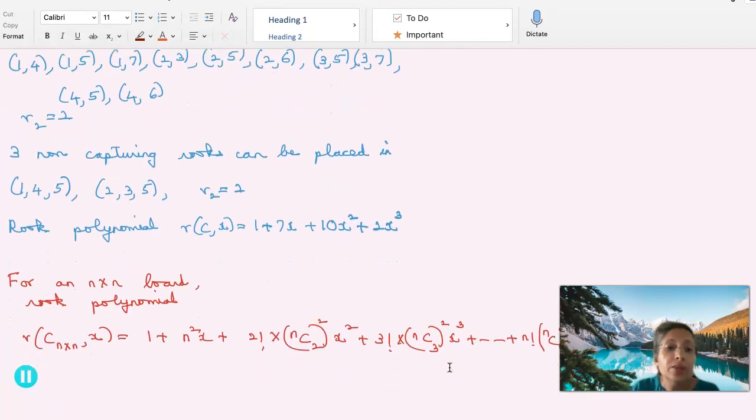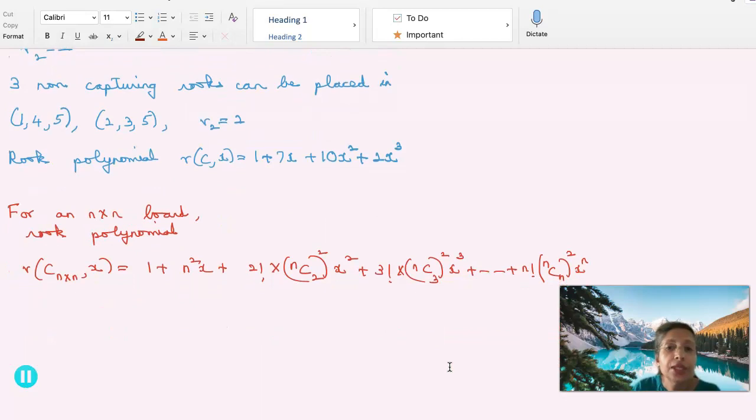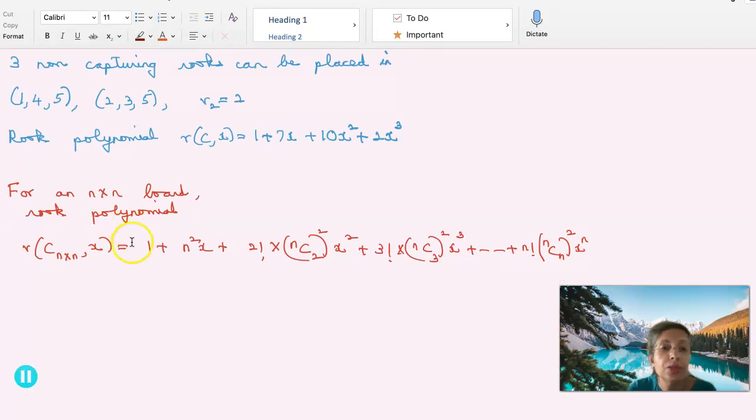Now for an n by n board, we generalize and we say that R_{n by n}(x) will be 1 plus n squared x plus 2 factorial times (nC2) the whole squared times x squared plus 3 factorial times (nC3) the whole squared times x cubed, up to n factorial times (nCn) the whole squared times x raised to n. We are just not deriving this; we'll work out problems on this later.